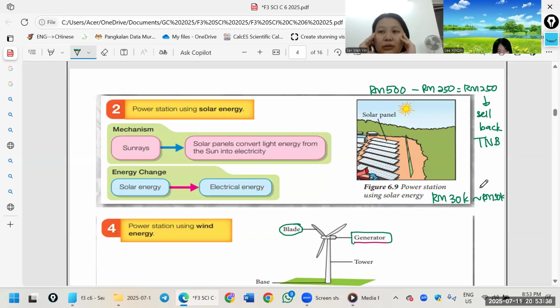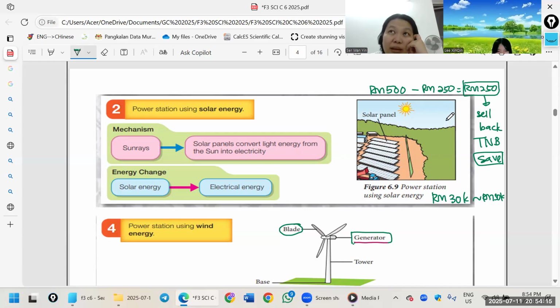But last time you could sell back. Now TNB won't buy, but they use it like a Touch 'n Go credit. They save it there. So let's say next month you use a lot of electricity, you can deduct it. But I am not too sure why you still need to pay some money. My relatives, they installed this.